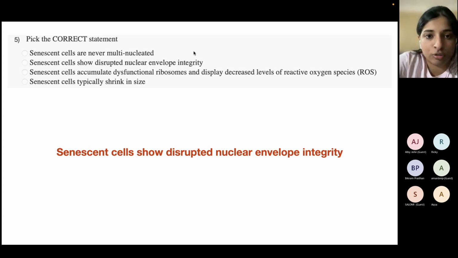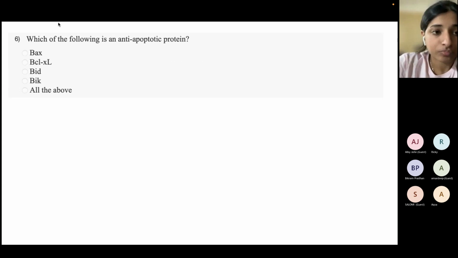They have disrupted nuclear envelope integrity, they are not going to have lower levels of ROS and they're typically greater in size. So the correct statement is, because these three are wrong, that senescent cells show disrupted nuclear envelope integrity.